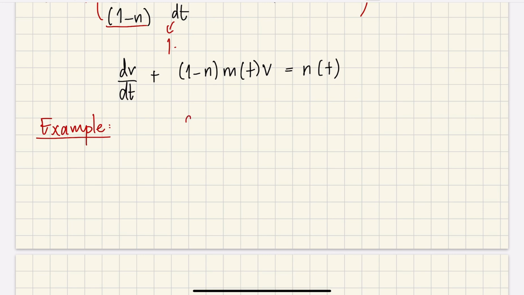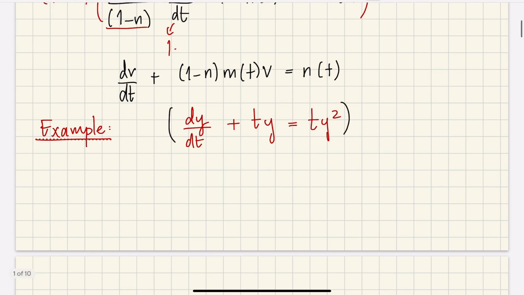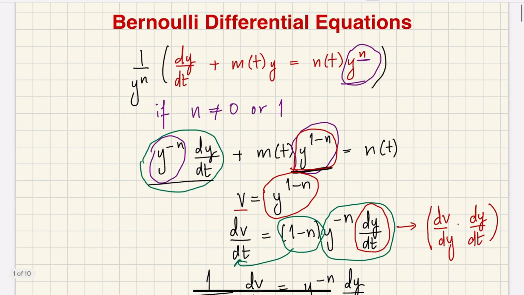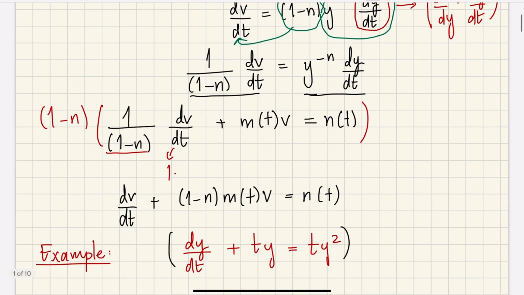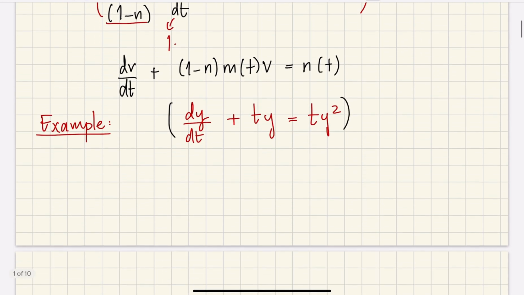So let's solve an example to see how this whole business really happens. Suppose we have the equation dy over dt plus ty is equal to ty squared. First thing we're going to do is we're going to divide this whole thing like we did right here by y to the power n, which in this case is y squared.